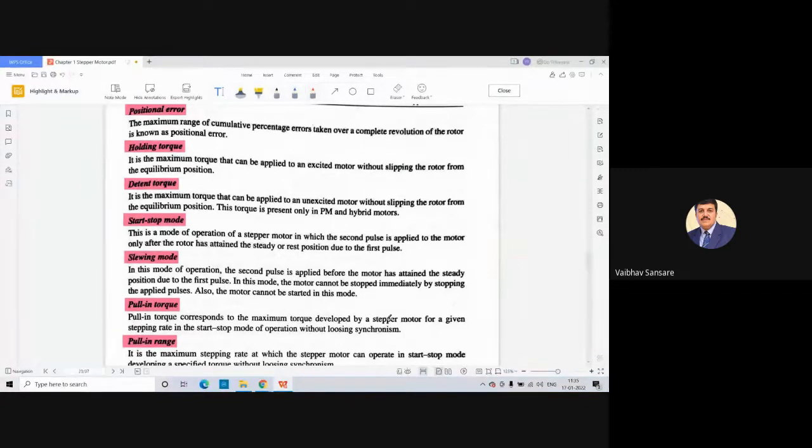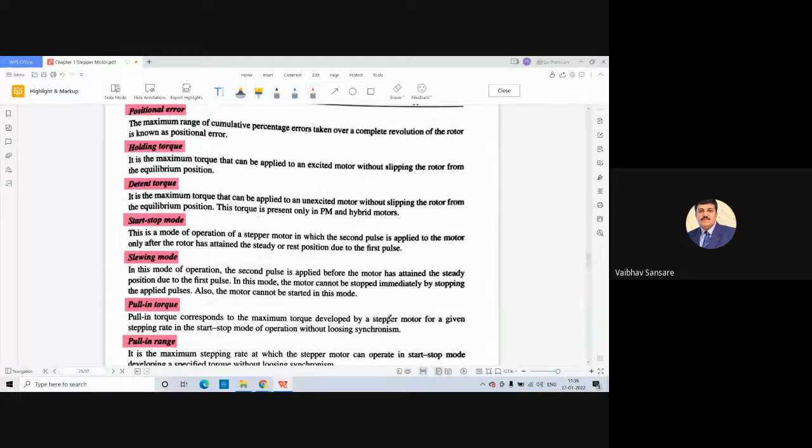Now, if we apply the second pulse after the rotor has attained the steady state or rest position due to the first pulse, then such a mode of operation is generally known as the start-stop mode of operation.